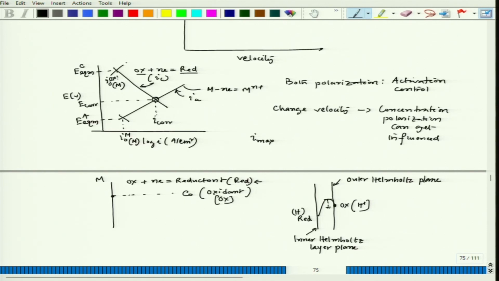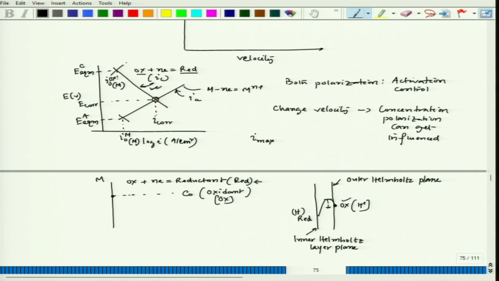Now, when this activation jump happens, the typical graph we see for the polarization is like this. So, here what we have shown is that there is a straight line in the log scale on the current axis, and potential on the y axis, then we always see these straight lines. But if during this reduction process the reduction rate is very fast, then definitely there could be depletion of the oxidant concentration at the outer Helmholtz plane.